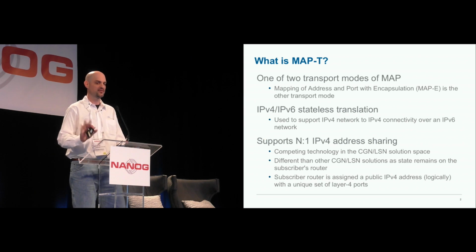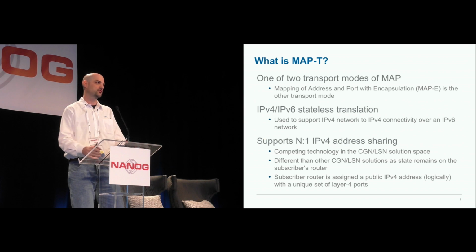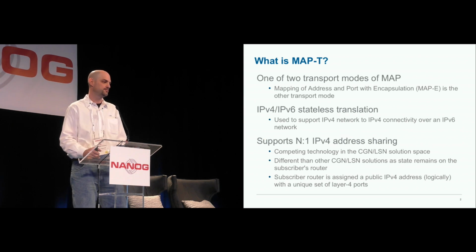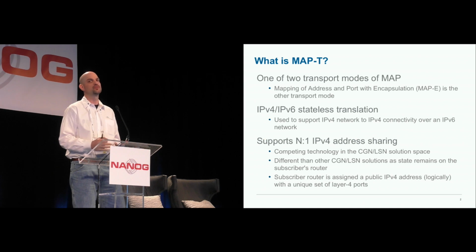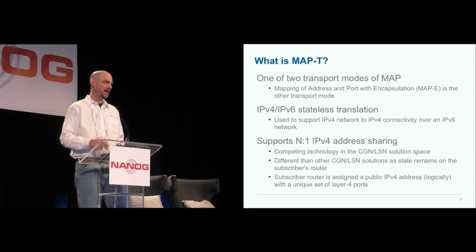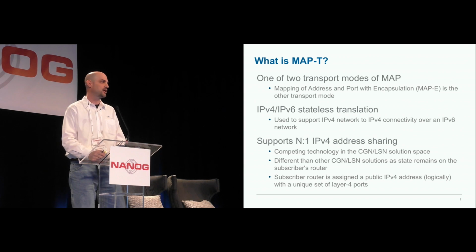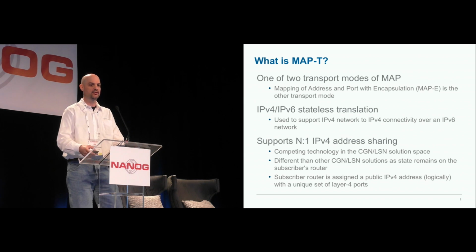It's actually mostly stateless, and I'll cover that later. It also differs from the perspective that the subscriber router actually receives the shared public IP address, logically speaking. And because this is a shared IPv4 address, it also receives a port set identifier, which is an index into a set of ports, a unique set of ports that it's allowed to use.